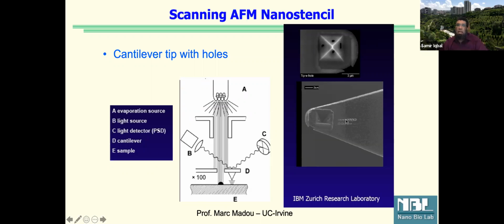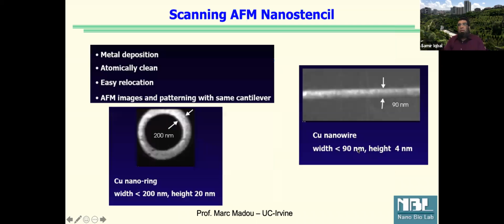So this is done in Switzerland, where they used these small holes to expose the resist at the bottom or to deposit material through those holes in those very precise ways at the surface. So when you say deposit, they are basically using, again, a vacuum chamber and a source of metal vapors, and they use that to deposit it at nanoscale.